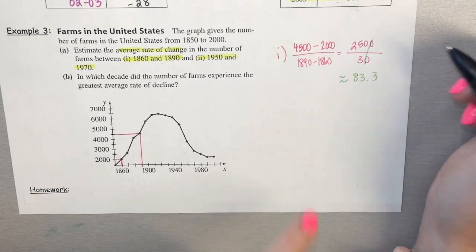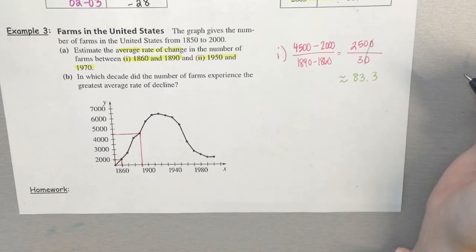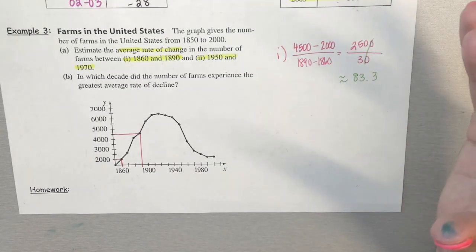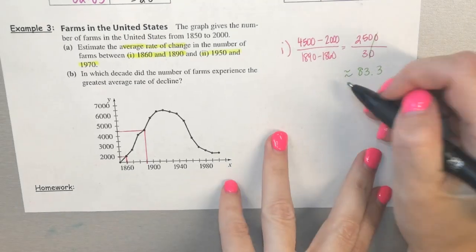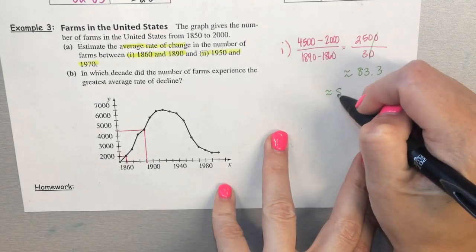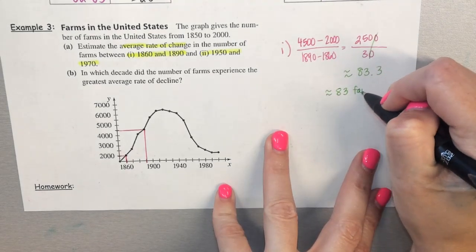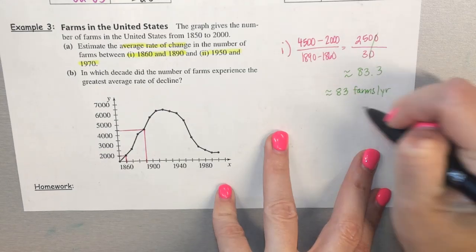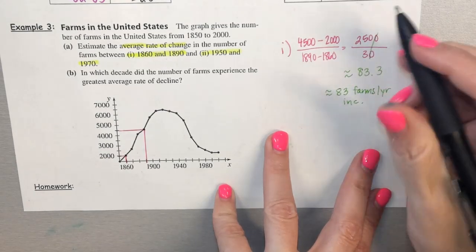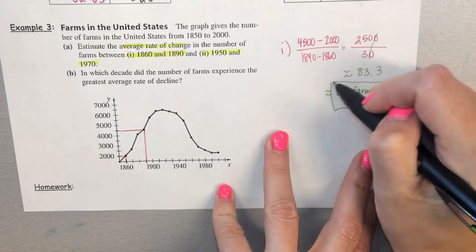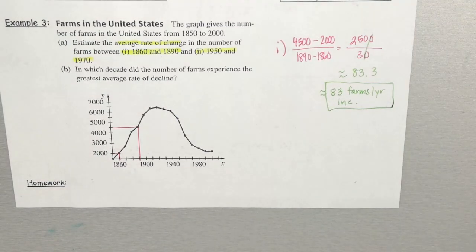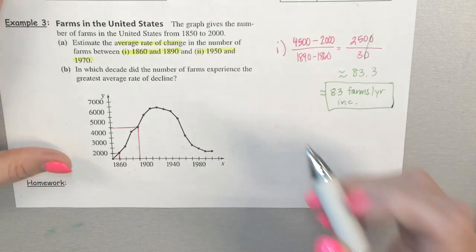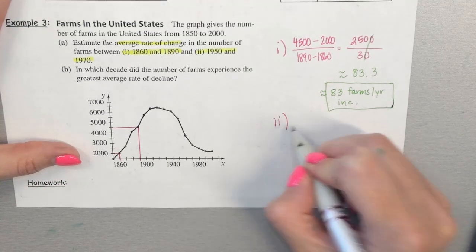If it doesn't say what to round to, you can decide. You can say it's about 83.3, or about 83 farms per year. Sometimes they'll want you to say whether it's increasing or decreasing. Anytime it's positive, it's an increase.